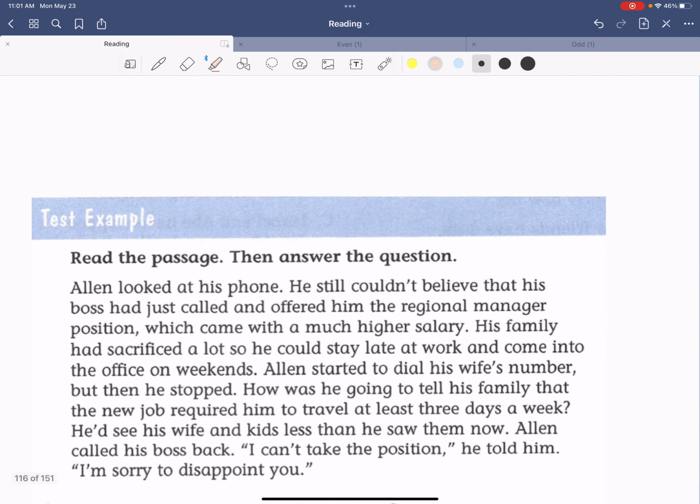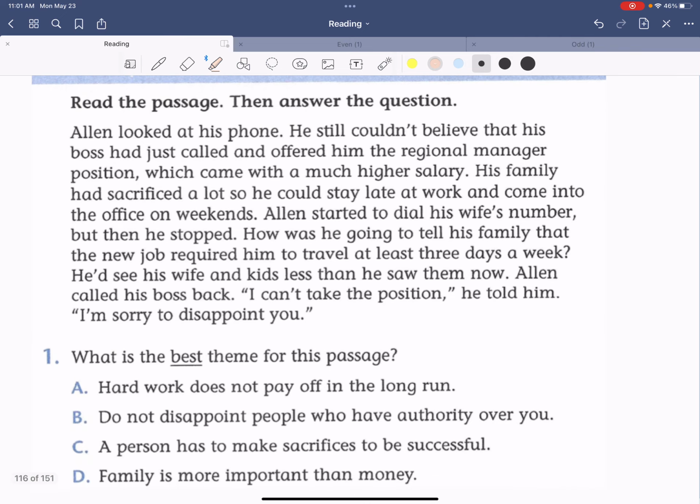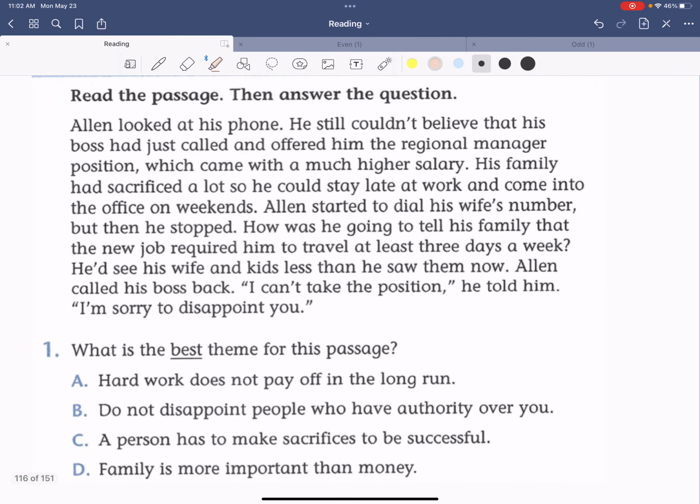Okay, test example. Read the passage, then answer the question. Alan looked at his phone. He still couldn't believe that his boss had just called and offered him the regional manager position, which came with a much higher salary. His family had sacrificed a lot so he could stay late at work and come into the office on weekends.